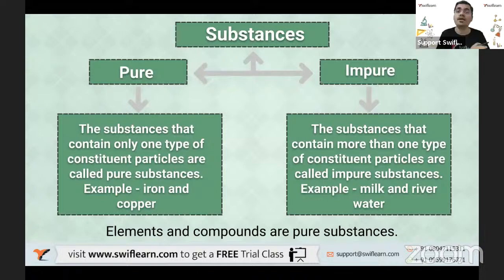What is impure? Which is filled with impurities. It's simple as that, right? So impure means which is filled with impurities. Pure means free from impurities. So what is impurity? The substances that contain more than one type of constituent particles are called impure substances. Examples are milk and river water. Right?